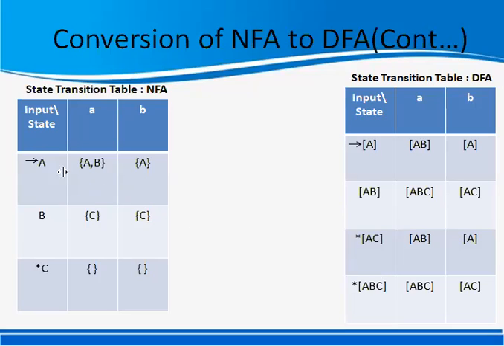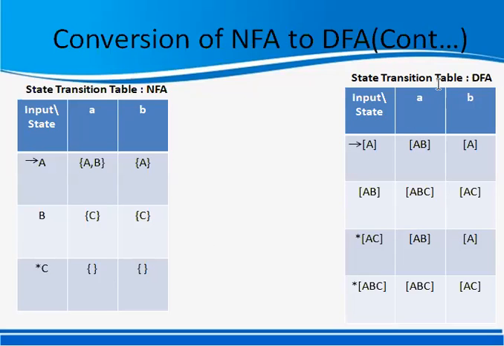So now we have seen all the transitions on every state. Now here in the state transition table of NFA, state A is an initial state. So here also in DFA, state A will be an initial state. Now you can see in this table for NFA, state C is a final state.